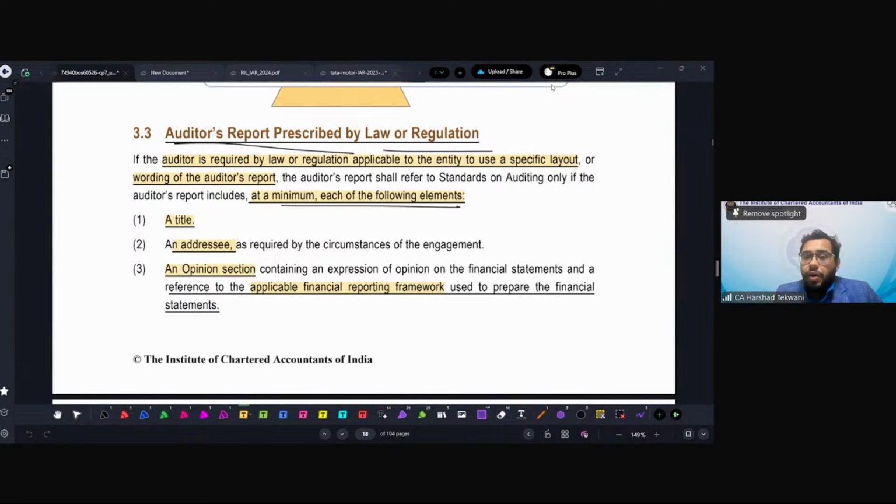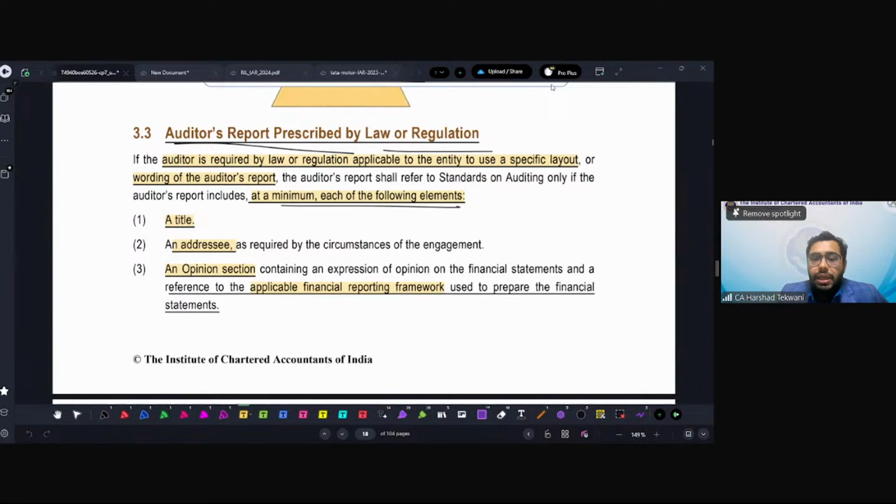For example, if the conflict is on the opinion paragraph itself, that you are not required to word as an unmodified opinion, or this should be a basis for modification, that is a very big difference.